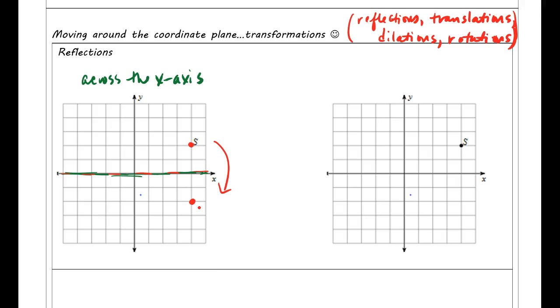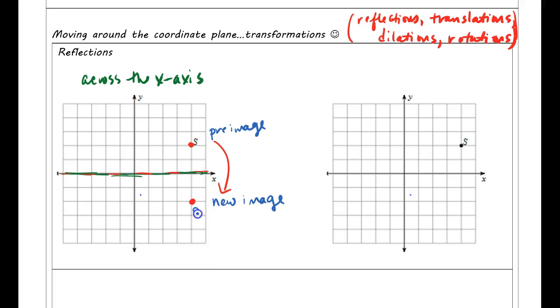Now, typically, whenever you reflect a point, the original point is called the pre-image. So wherever the original point was is the pre-image, and this new point down here is sometimes just called the image or the new image, and it gets a different label.